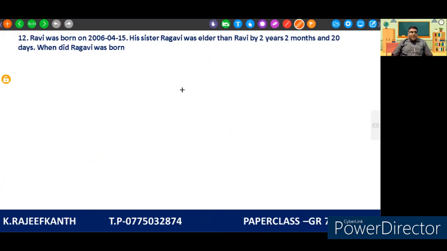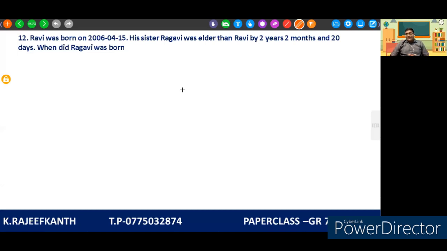Here Ravi was born on 2006, April 15th. His sister Raghavi was elder than Ravi by 2 years, 2 months and 20 days. When was Raghavi born? Right? Here they have given the date of birth of Ravi.